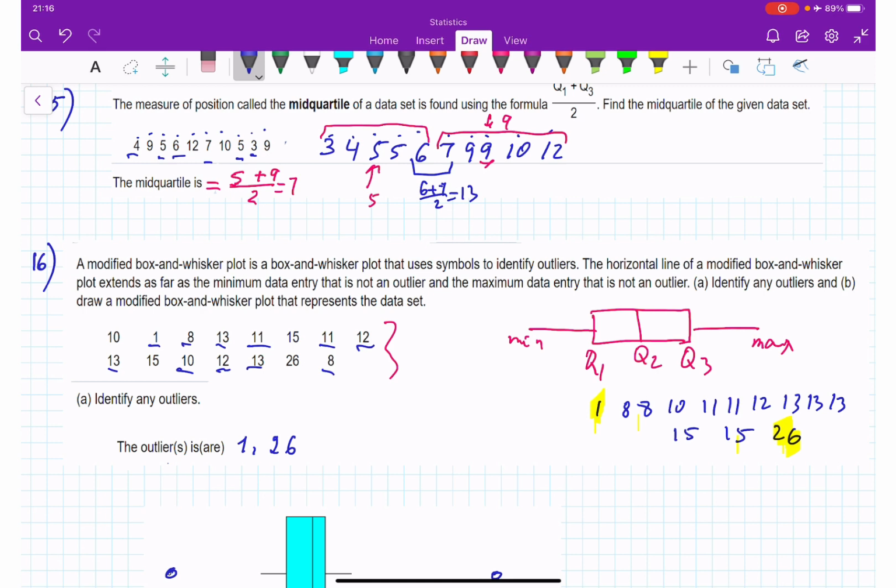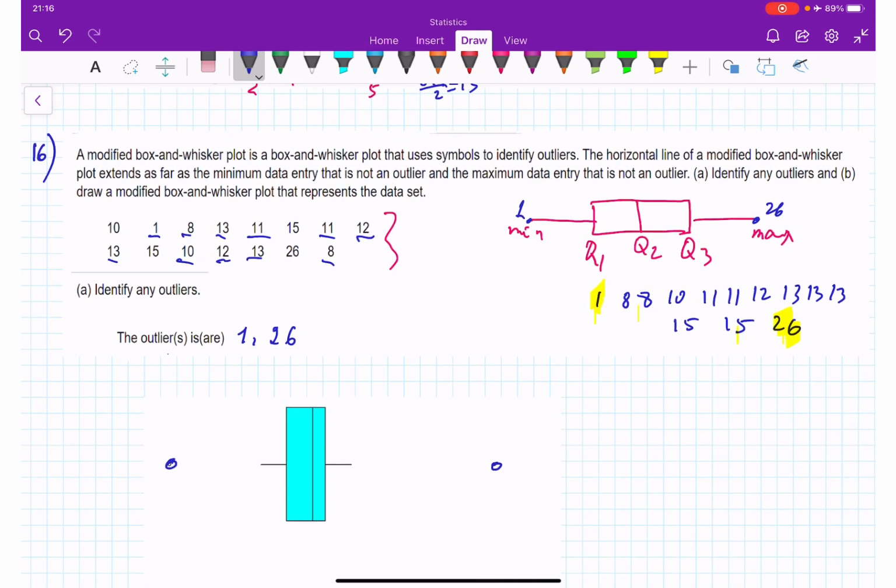Accordingly, they show on the box plot as 1 and 26. This is our outliers.